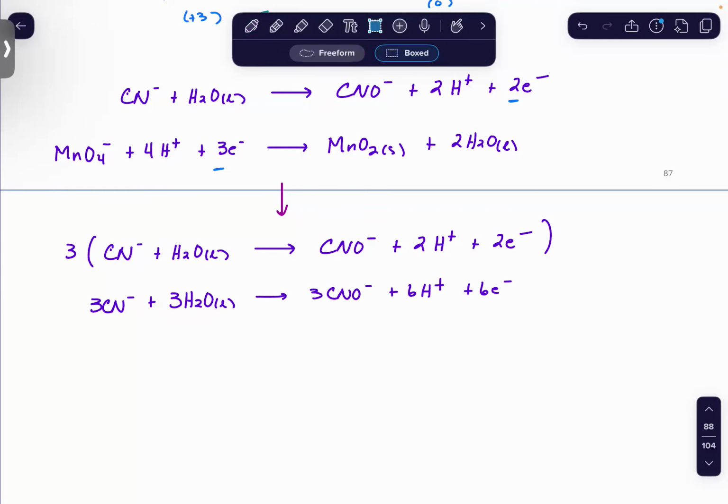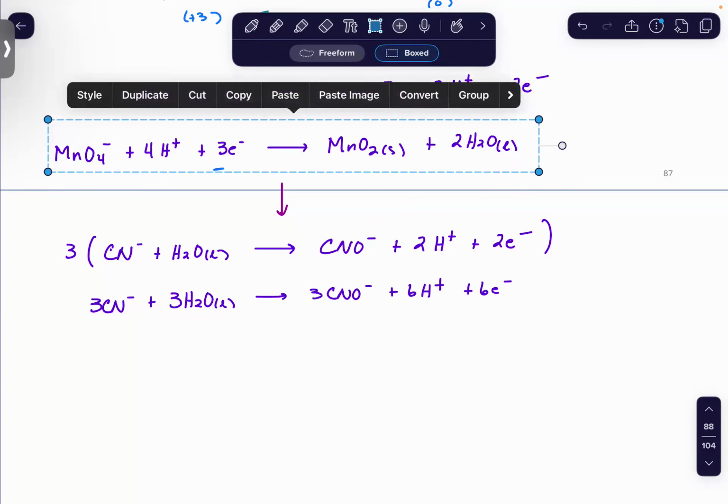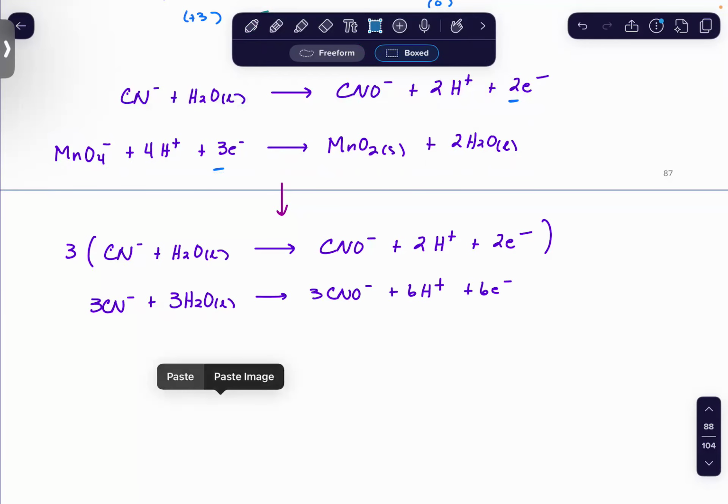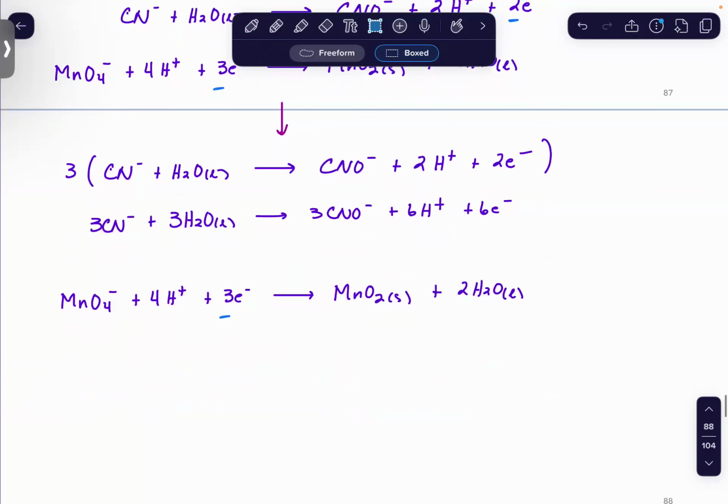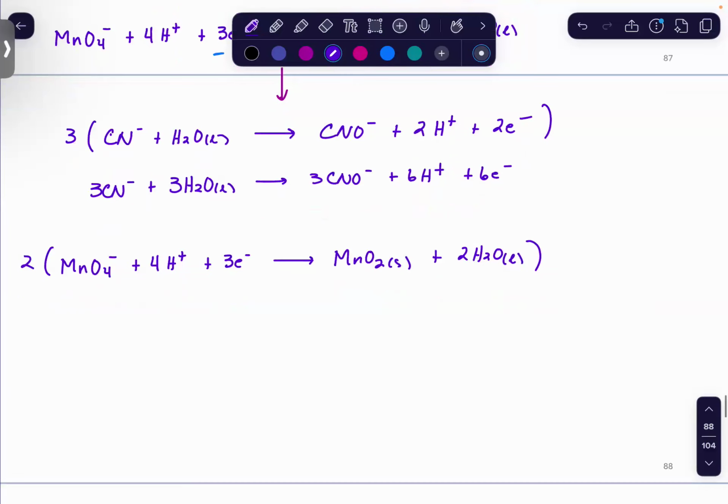My second equation, my manganese half reaction, to get to 6 electrons, I have to multiply this one by 2.